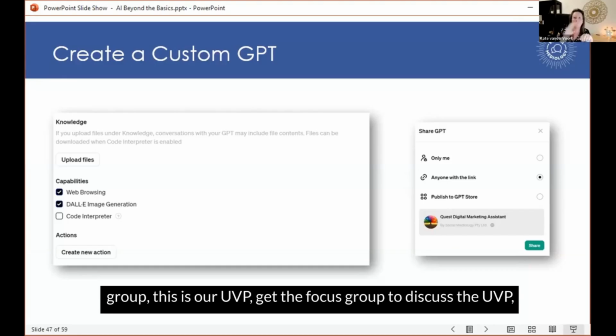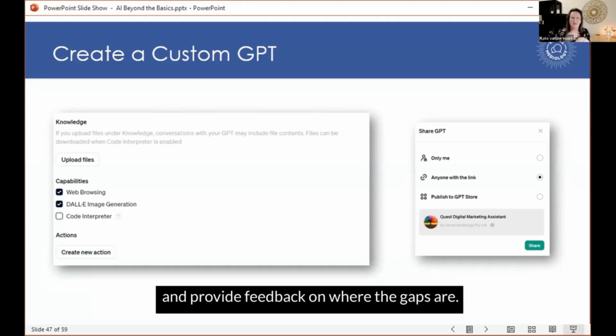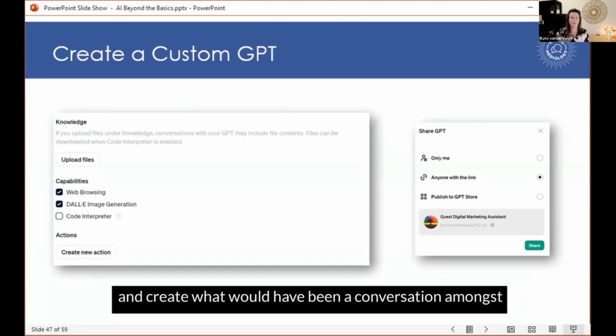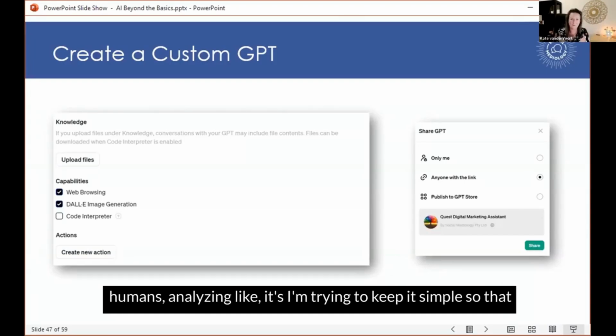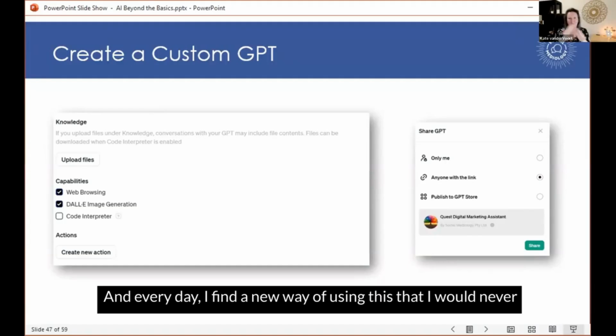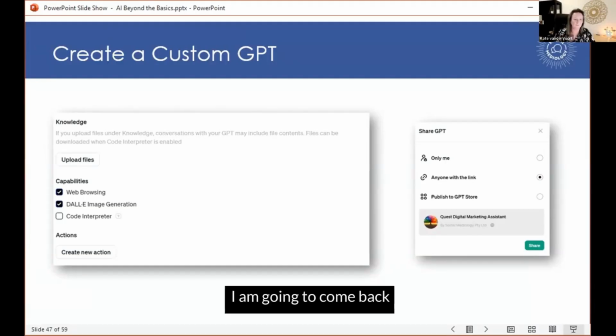Get the focus group to discuss the UVP and provide feedback on where the gaps are. And ChatGPT will take Mary, Bill, Bob, and Sam, your avatars, and create what would have been a conversation amongst humans, analyzing. I'm trying to keep it simple so that people get it, but it is mind-blowing. And every day I find a new way of using this that I would never have thought of.